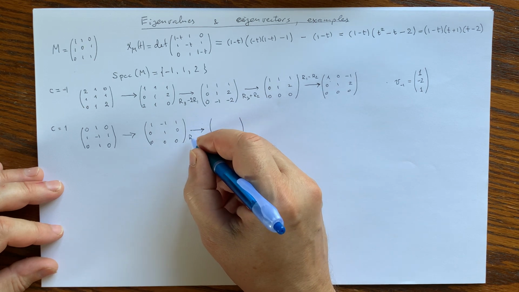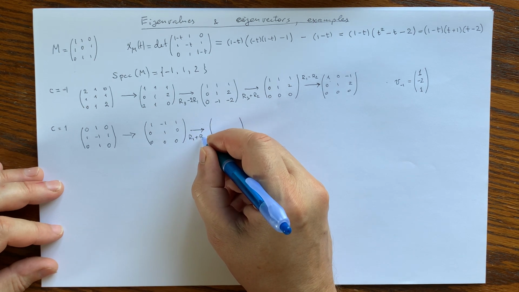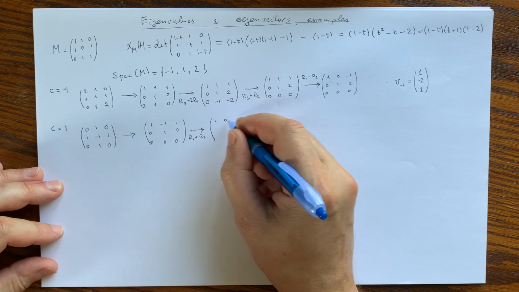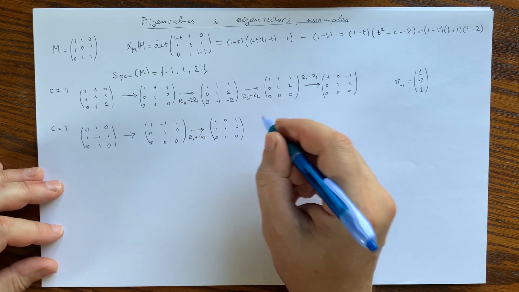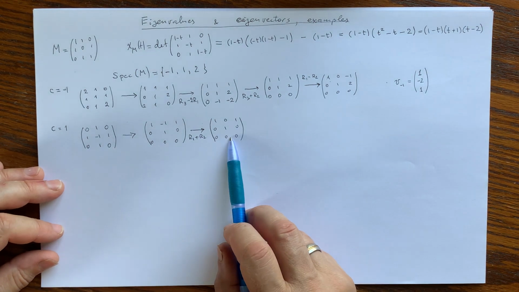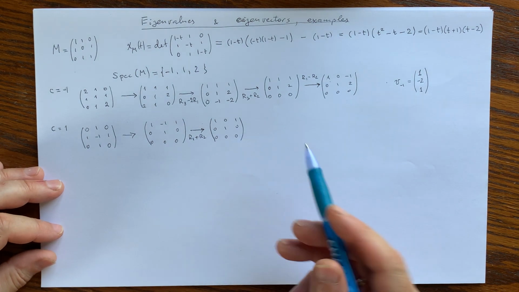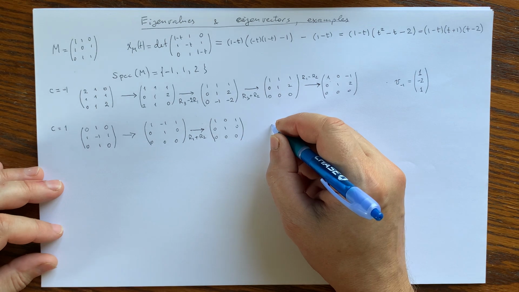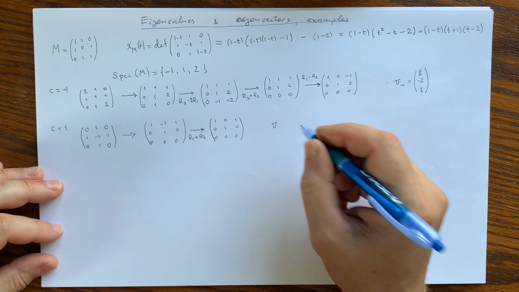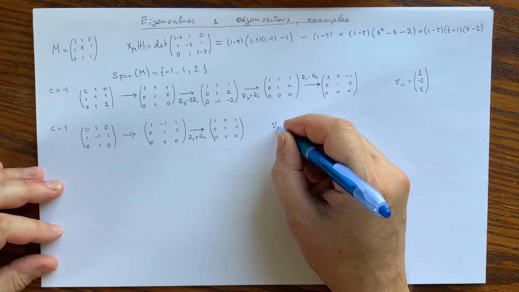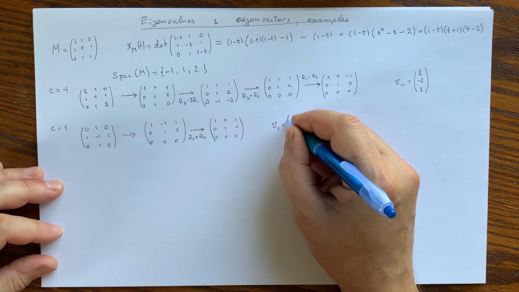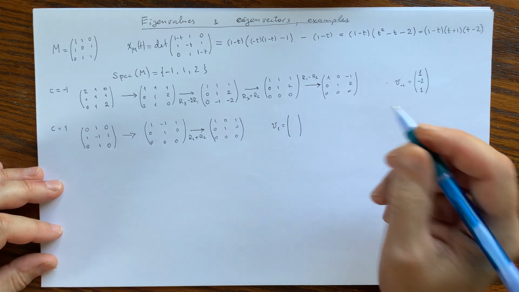Reducing, I'll have to add to row 1, row 2. Again, looking at it as a system of equations that will give me all the information about coordinates of a solution. There is one parameter family of solutions. The solution space is one-dimensional.